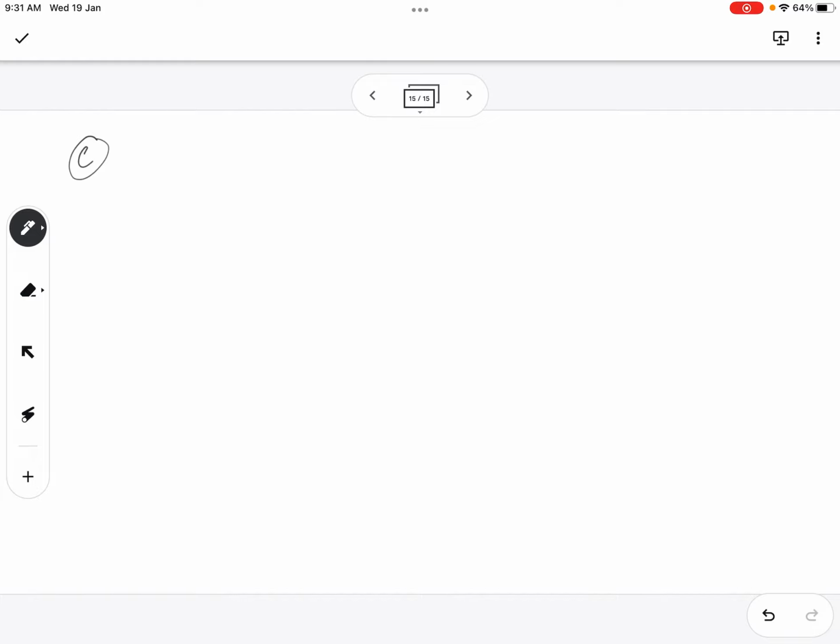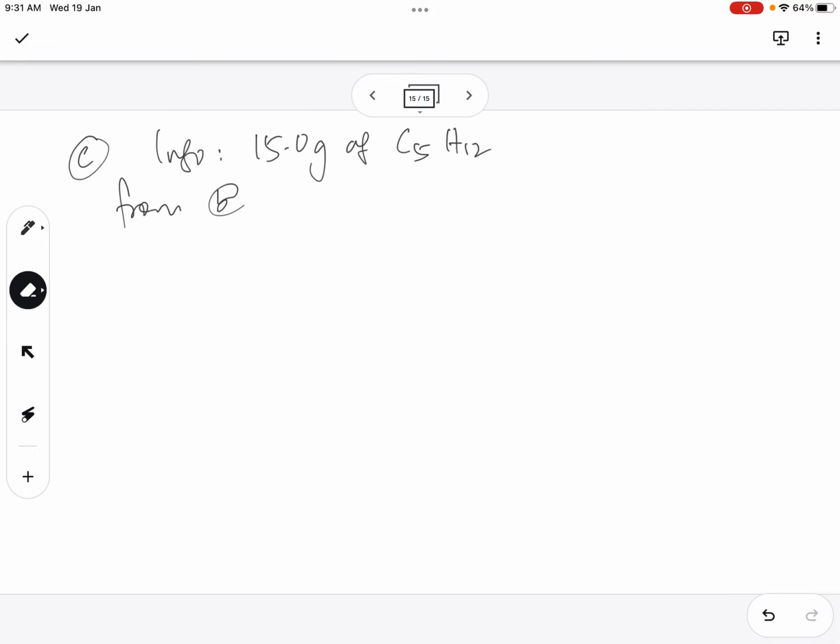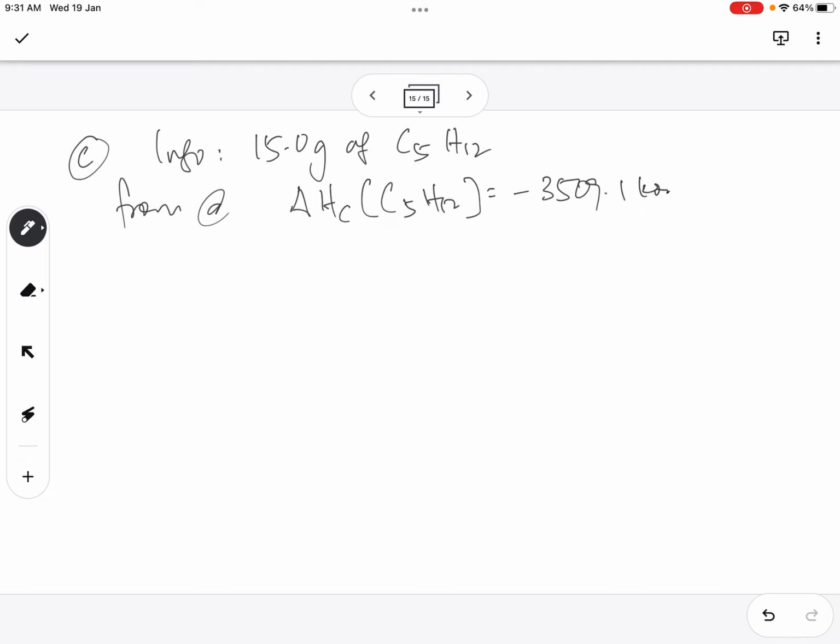Soalan 2C lah. Calculate the heat release if 15 gram of C5H12. So the info given is 15.0 gram of C5H12 is burned lah, combusted ataupun burn lah. Okay, so we want to know from our A calculation, we find the enthalpy of combustion of C5H12 is minus 3509.1 kilojoule per mole.